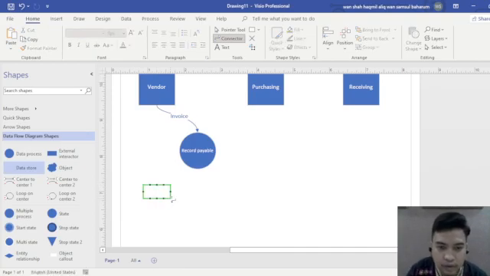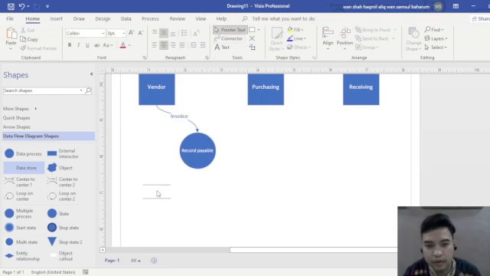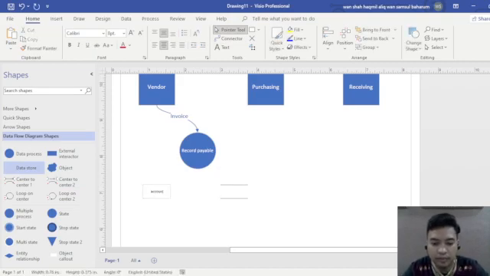So for this one, we will put the name account payable, and this one with the name vendor invoice.